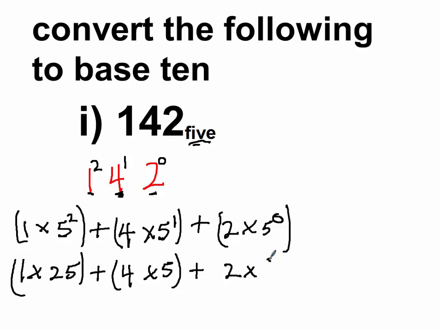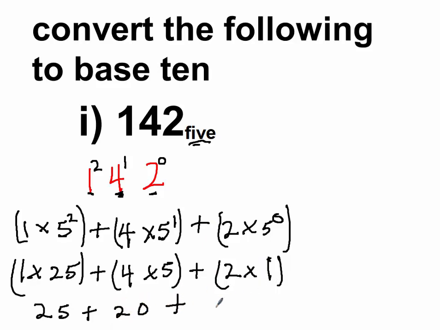So this is going to give me 1, because 5 to the power 0 is 1. 1 times 25 is 25, plus 4 times 5. 4 times 5, of course, is 20.